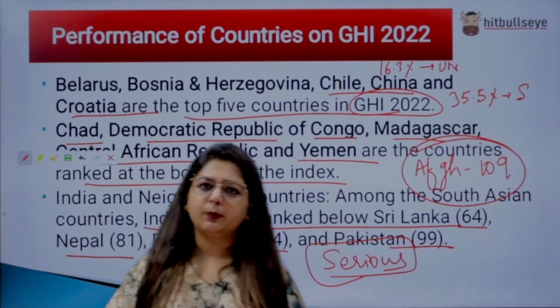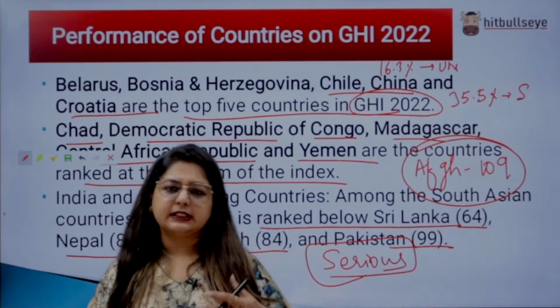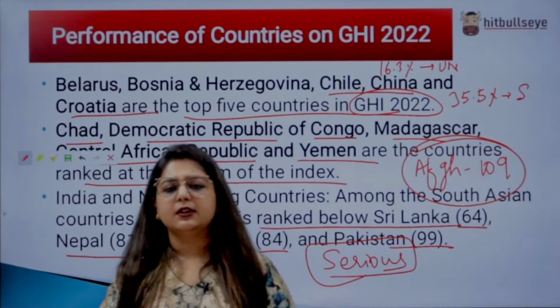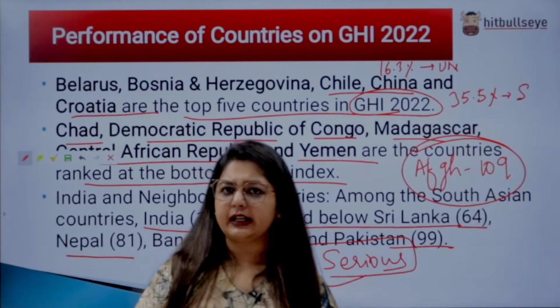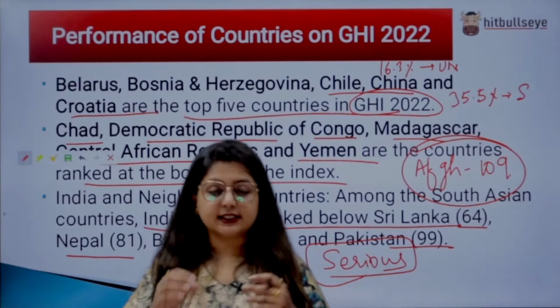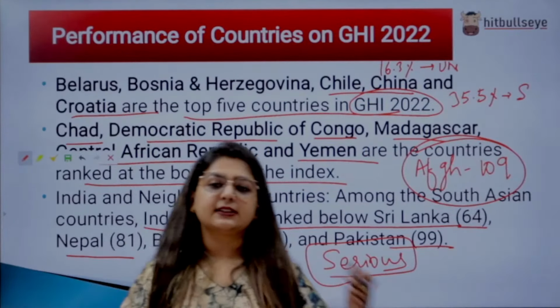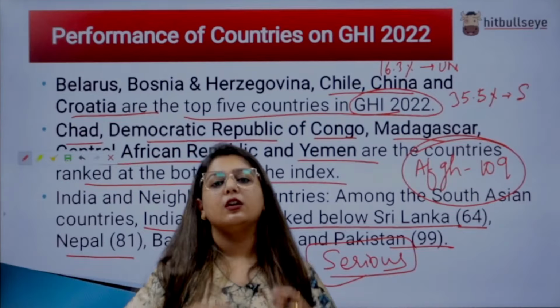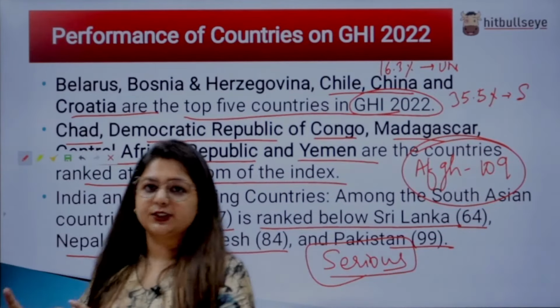So it has also dropped down to 3.3% in this particular period. However, in a few indicators India has performed well, but in some indicators India has performed worse, which has actually made its score quite serious.